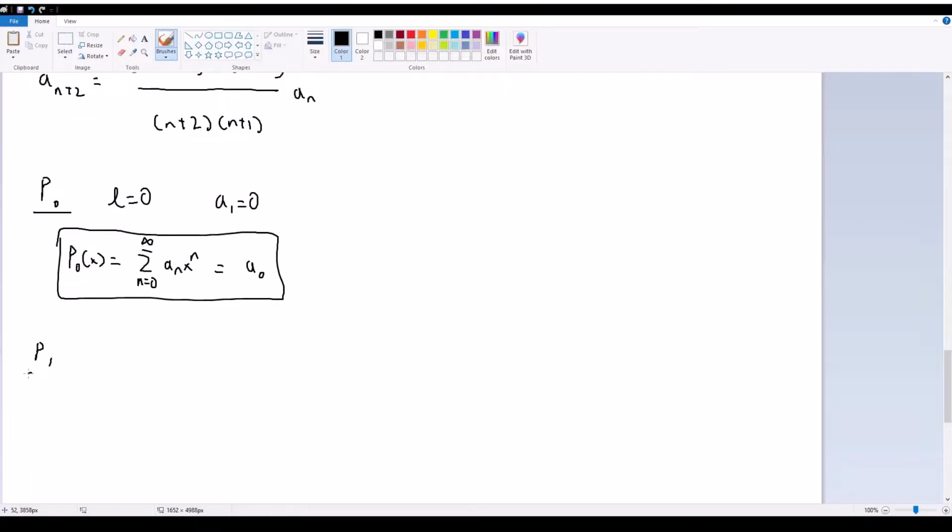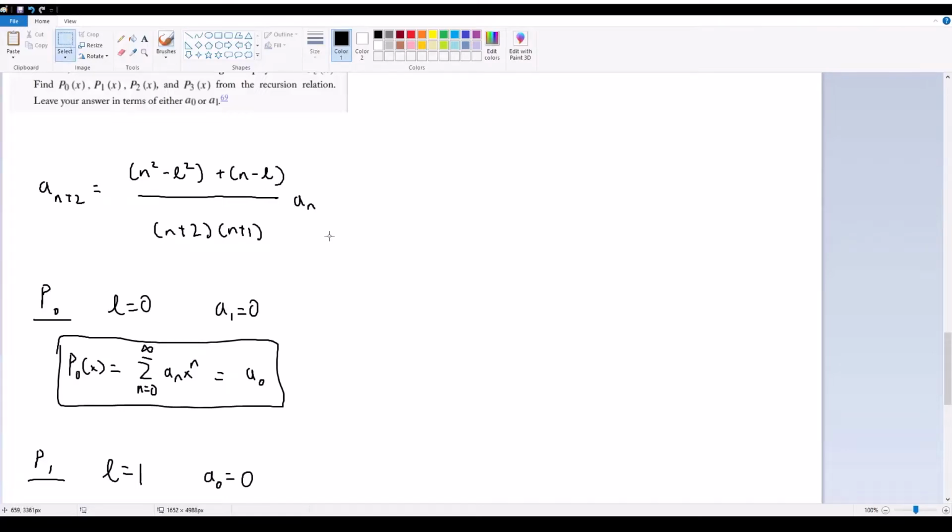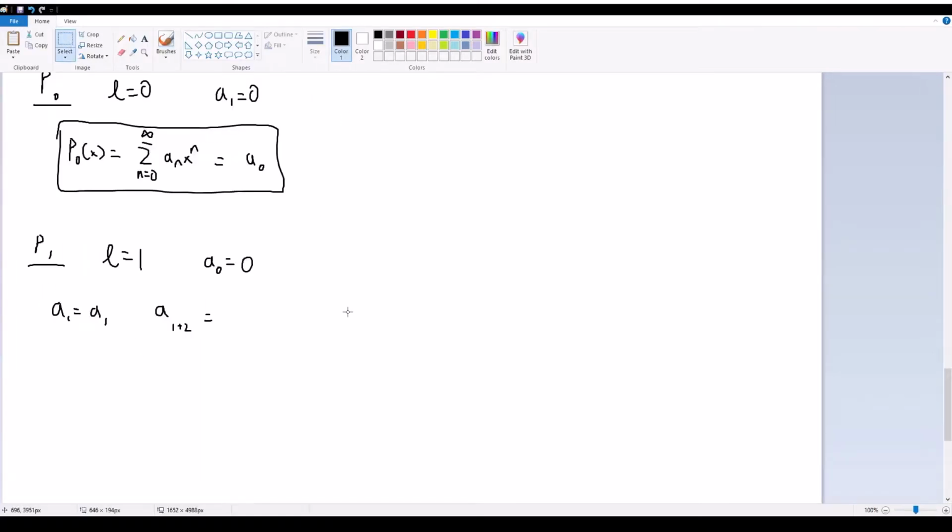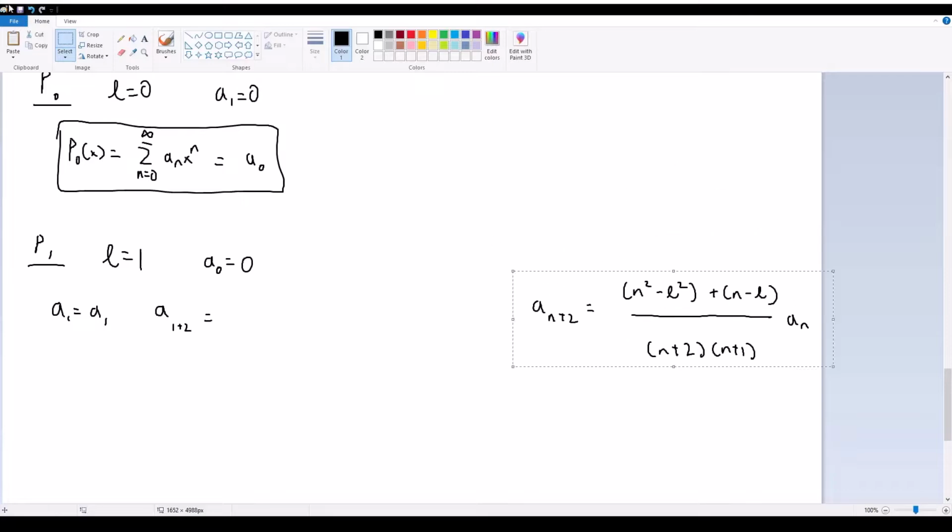Now let's do P1. So in this case, L is equal to 1. Then we require all the even terms to equal 0. So A0 starts at 0, so that A2, 4, 6 all equal 0. Then we have A1 is just equal to A1. And then A1 plus 2, so n is equal to 1, is then going to equal, according to this term, which I'm going to bring down just for convenience, right?